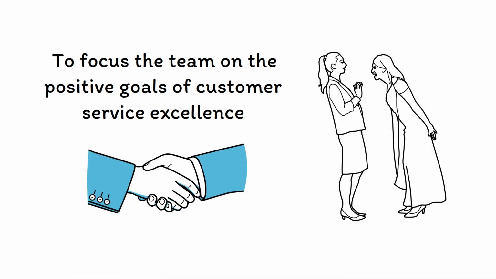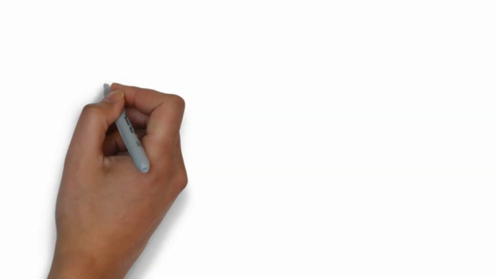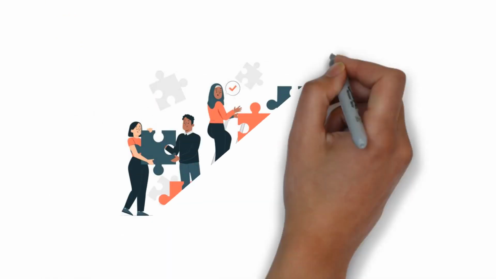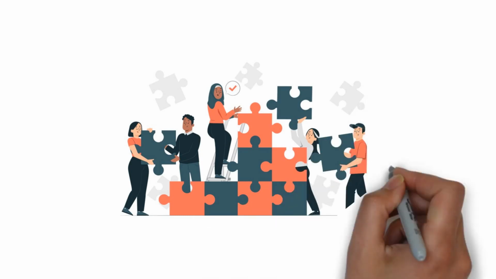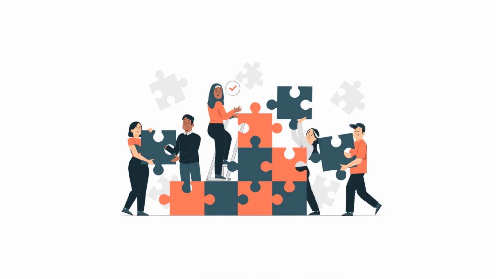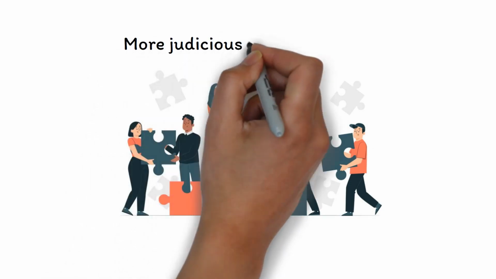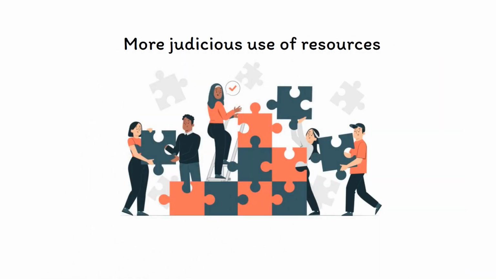The team leadership model is lauded for promoting a culture of shared responsibility, enhancing motivation, and fostering a strong sense of community. It can lead to better quality products and services, greater innovation, and a more judicious use of resources, because it leverages diverse perspectives and encourages ownership of outcomes.